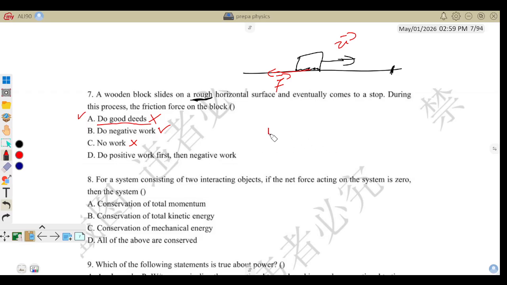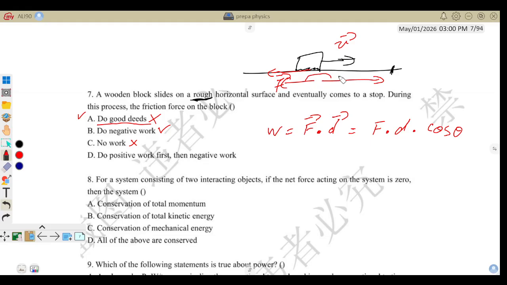As a work formula, we know it is the force times the displacement times the cosine of theta. The theta, for sure, is the angle between the direction of the force and the displacement. We've considered the block is moving to the right. That means the displacement is toward the right. The F is toward the left.